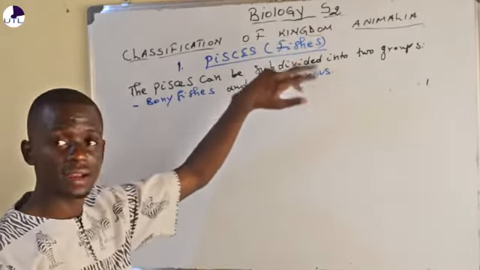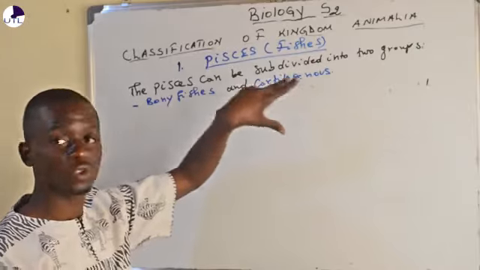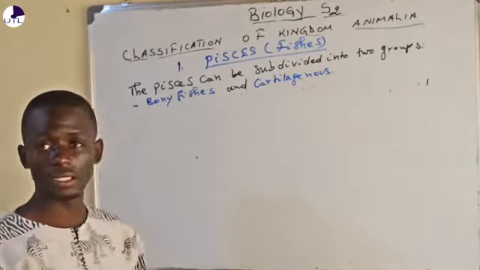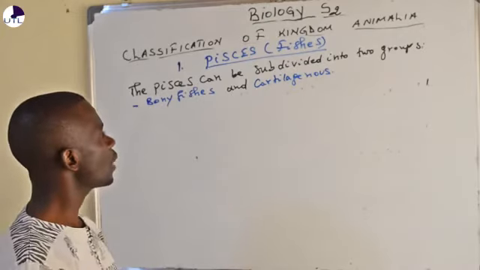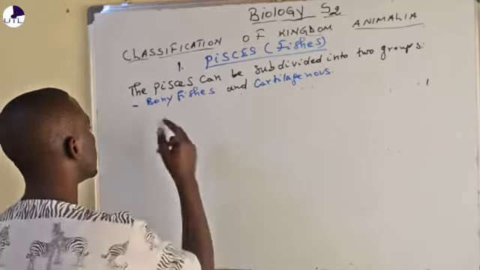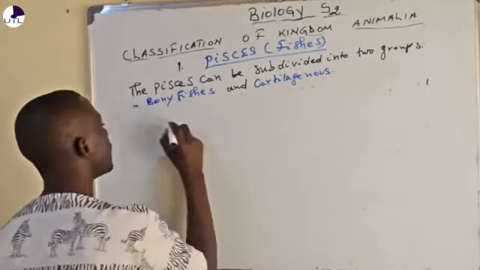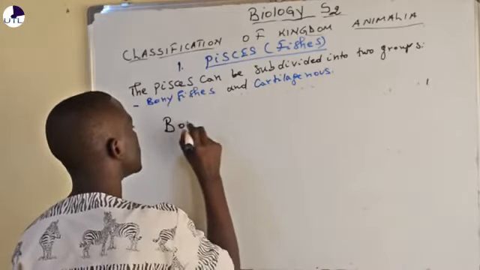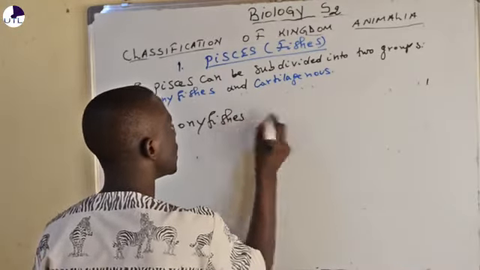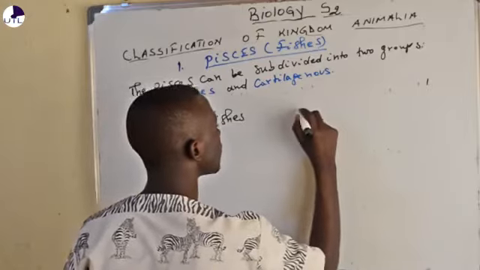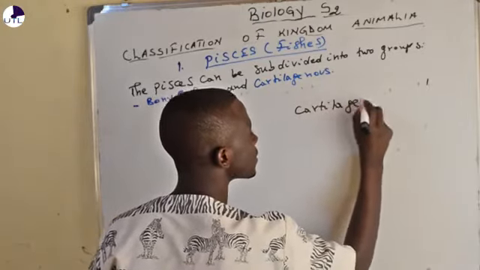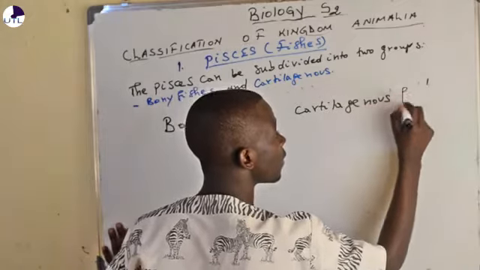And under this class of fishes, we have two other groups, which are bony fishes and cartilaginous fishes. Now, what's the difference between the two? We can have them under this table-like comparison: bony fishes and cartilaginous fishes.